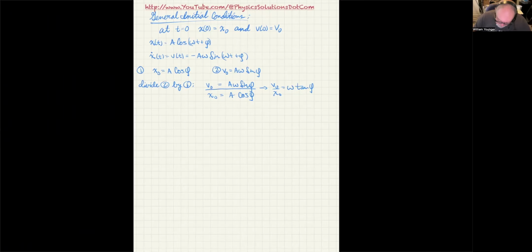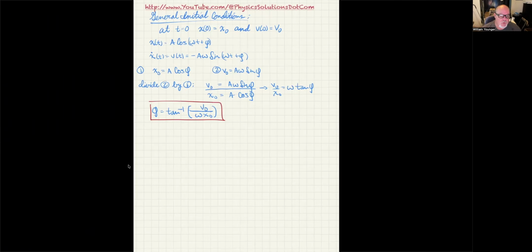So with that in mind, we can clearly say phi would equal the inverse tangent of, to solve for tangent phi, we would divide both sides by omega, so that'd be v0 over omega x0, like that. And that's actually what phi is. So now we know that phi is equal to the inverse tangent of v0 over omega times x0.